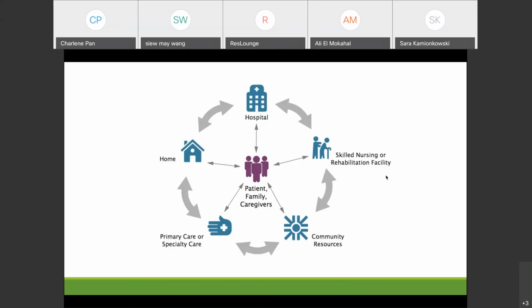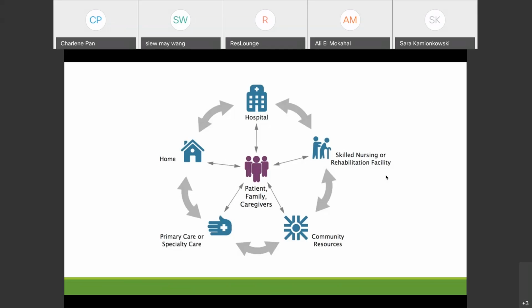What are some things you came up with that cause ineffective transition of care? Not having all the follow-up scheduled before you start. Yeah, very good. Okay. And then one more group. Yeah, very good. So it sounds like a lot of what you guys came up with was communication.